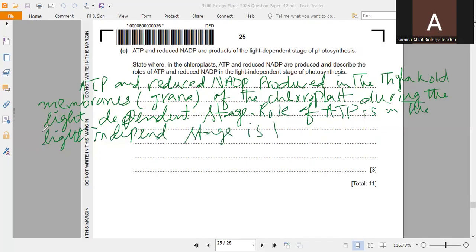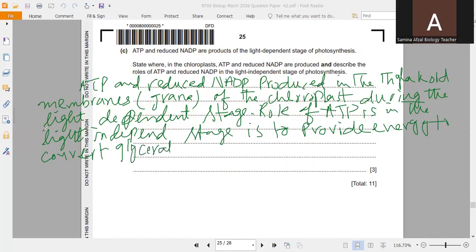to provide energy to convert glycerate 3-phosphate into triose phosphate.